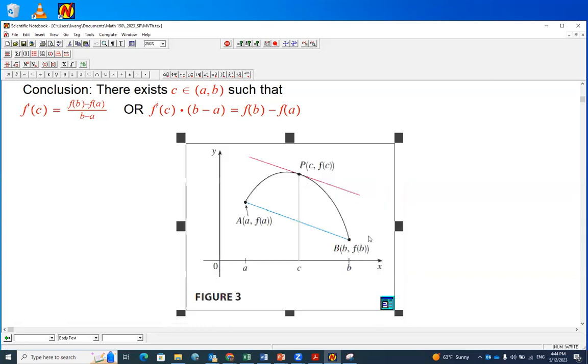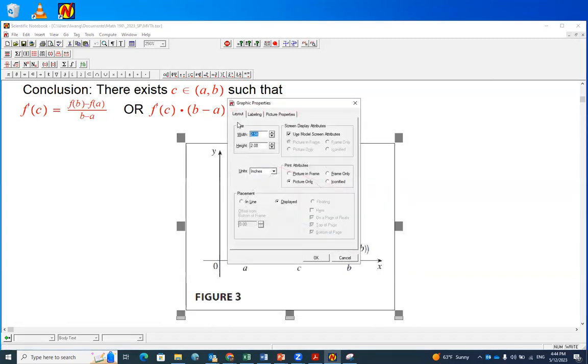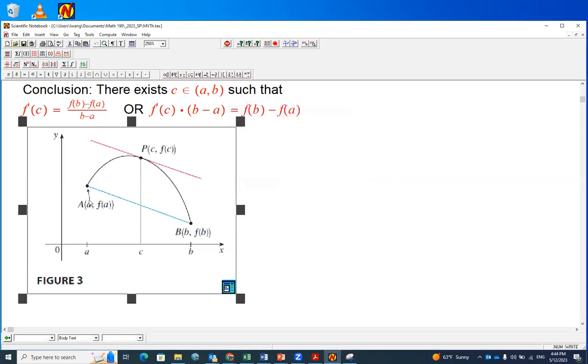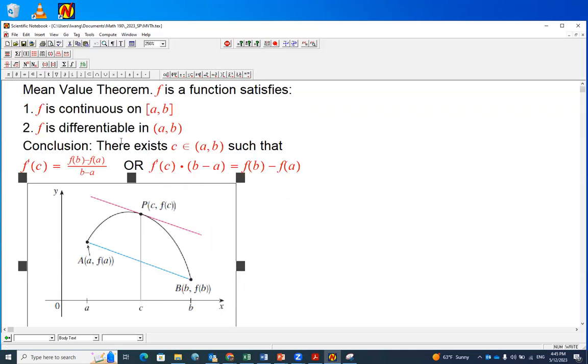And the curve from A to B, the curve from capital A to capital B, or capital B to capital A, doesn't matter. There's no sense of direction. That's the curve, and the function is continuous and differentiable.